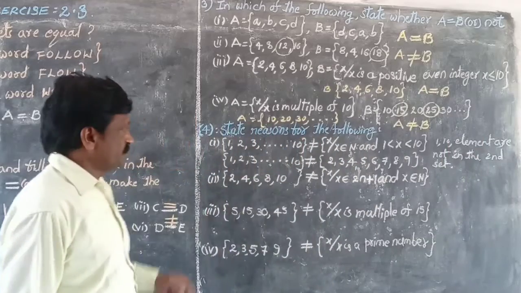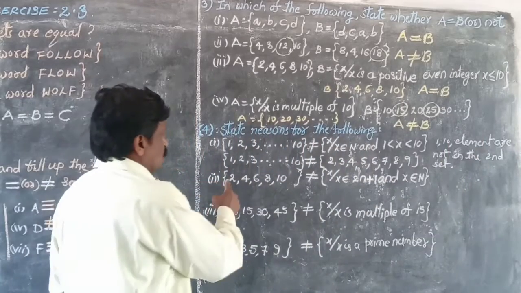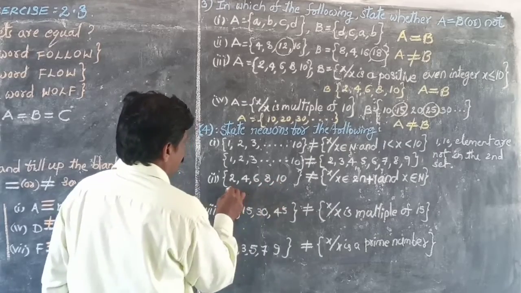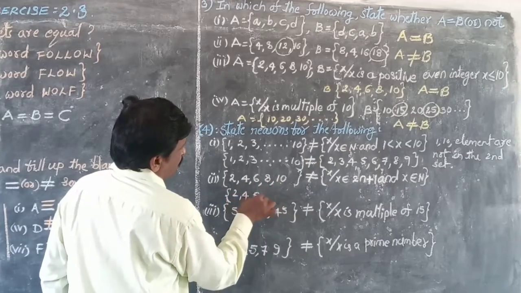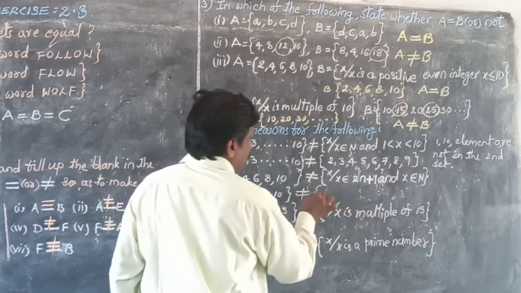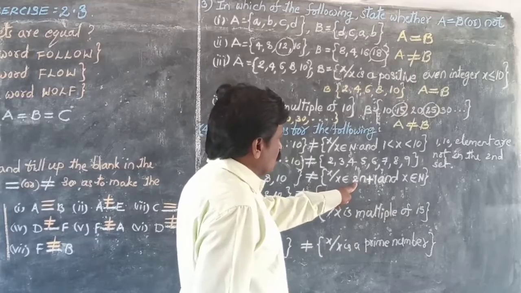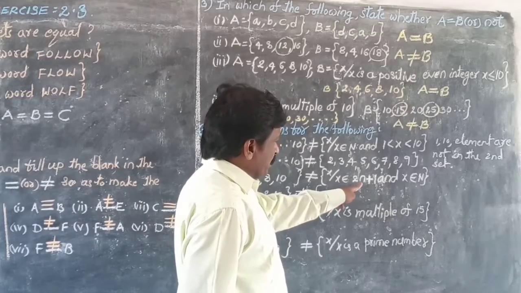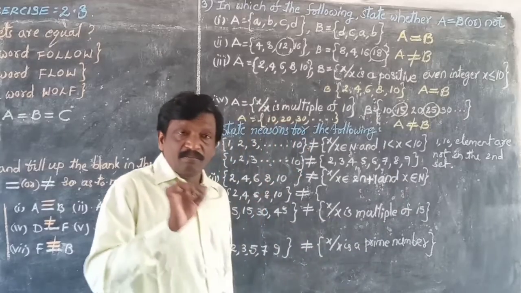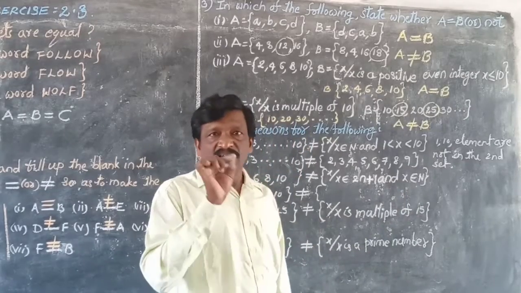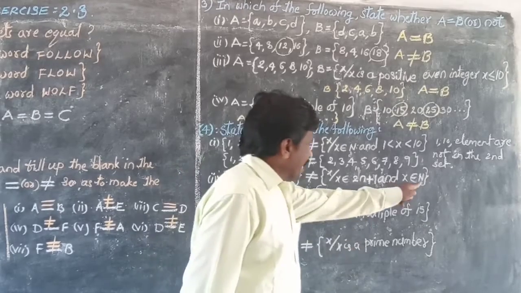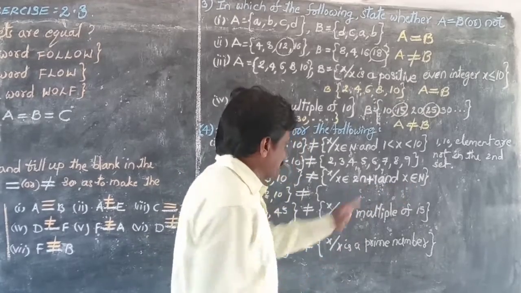Second: {2, 4, 6, 8, 10} is not equal to {x such that x is 2n plus 1 and x belongs to N}. N means natural numbers 1, 2, 3, 4, and so on.